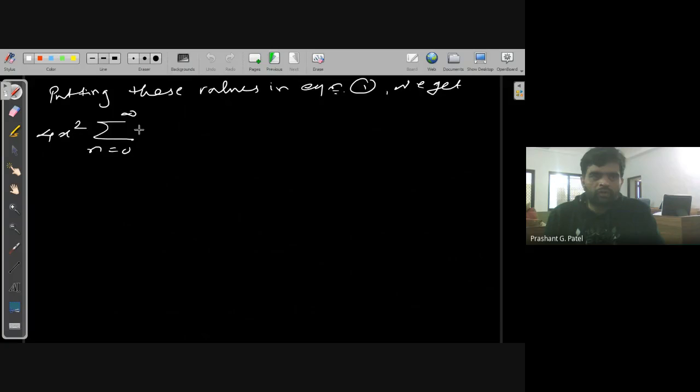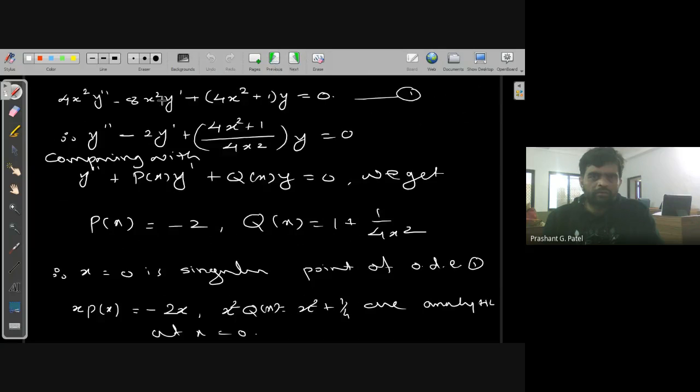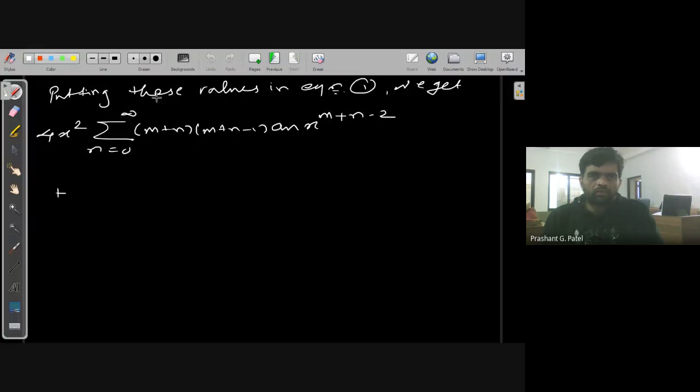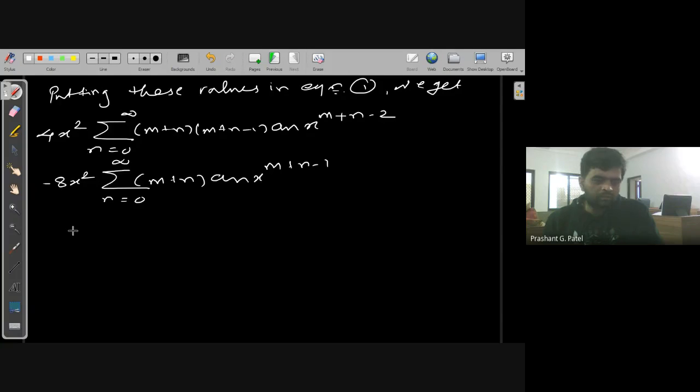So it is (m plus n) (m plus n minus 1) a n x raised to m plus n minus 2, minus 8x square into y dash, that is summation n running from 0 to infinity (m plus n) a n x raised to m plus n minus 1, and the last term was plus (4x square plus 1) into summation n running from 0 to infinity a n x raised to m plus n equal to 0.